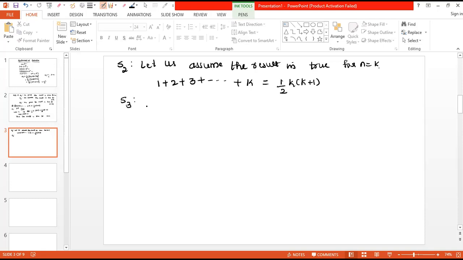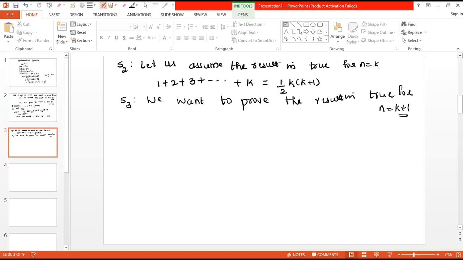Now for step 3, we want to prove whether the formula is true for n equal to k plus 1 or not. So we want to prove the result or the formula is true for n equal to k plus 1.